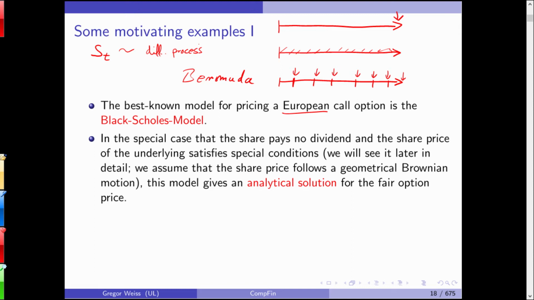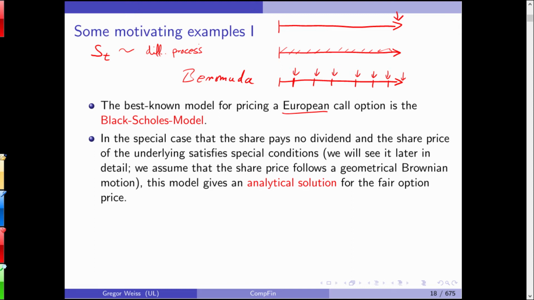We'll see what a geometric Brownian motion is later on. It suffices to say that this is just a very simple assumption that the stock prices evolve in time in a certain manner. In the end, it will mean that the stock returns are normally distributed. So you assume a normal distribution, a Gaussian distribution, for your stock returns.